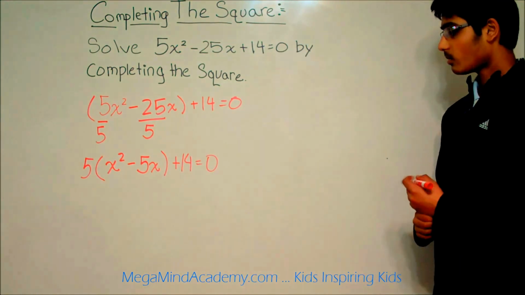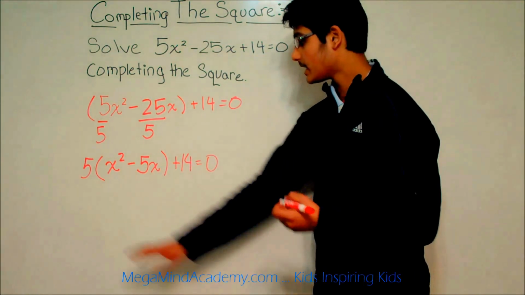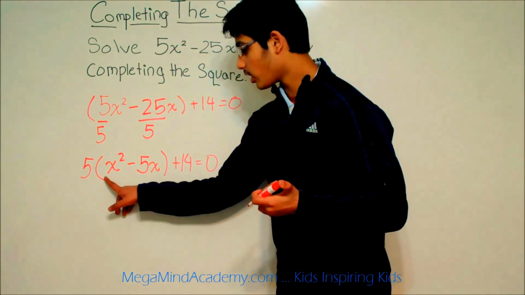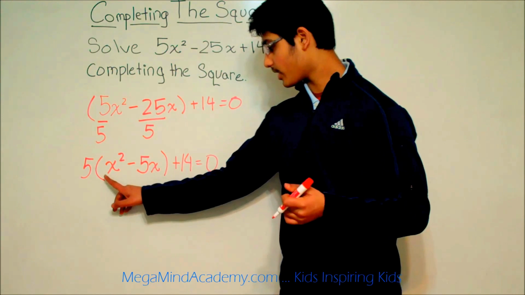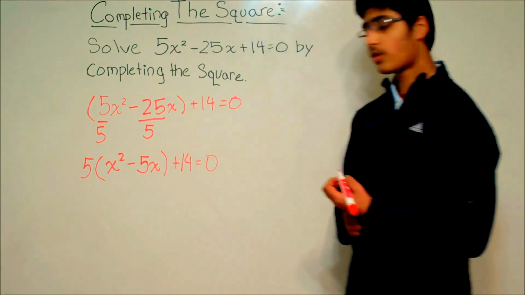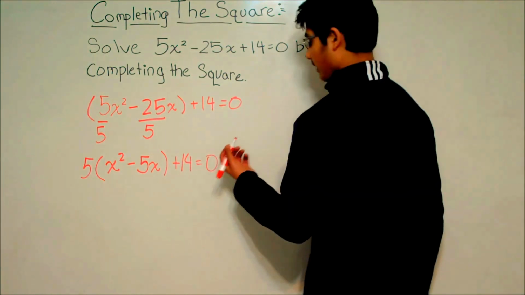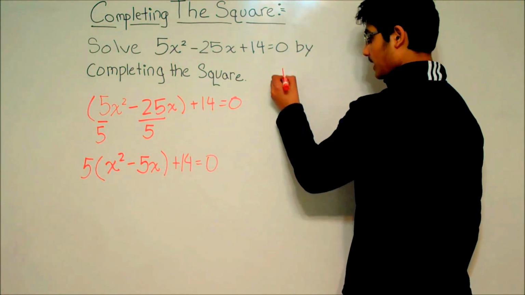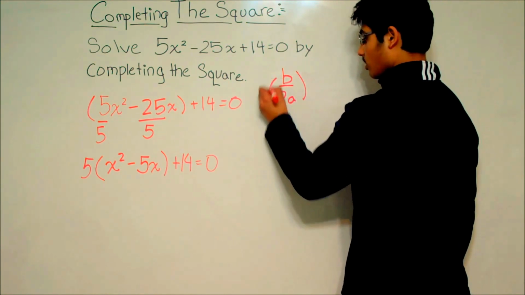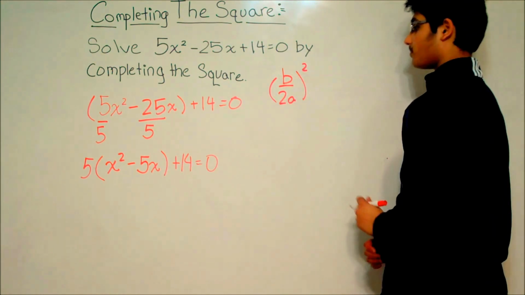So, now the next part is to make this a perfect square trinomial with the a value as 1, the b value as negative 5. So to find the c value, we have to do b over 2a, squared.